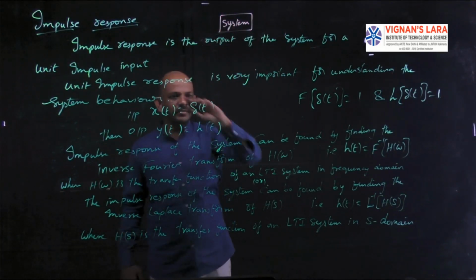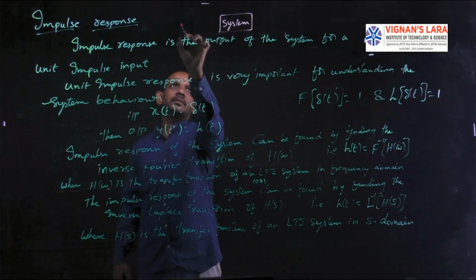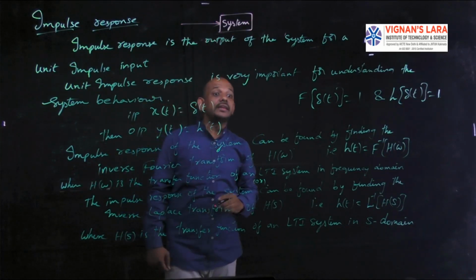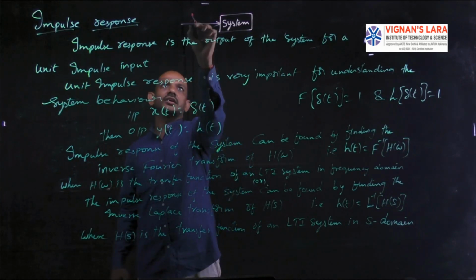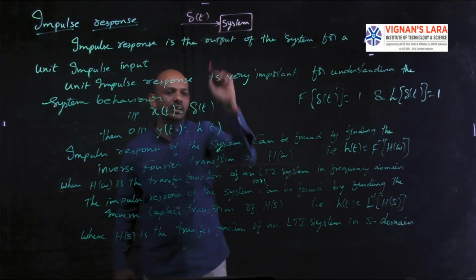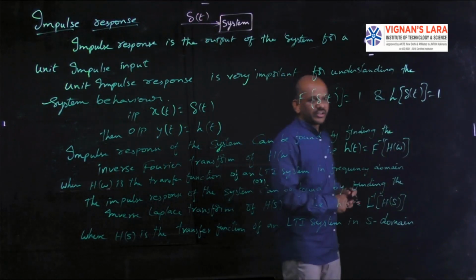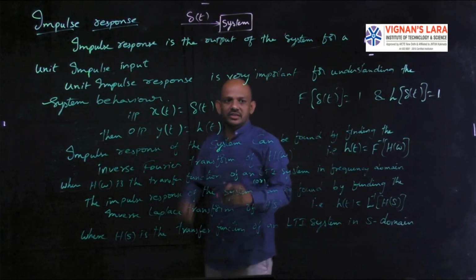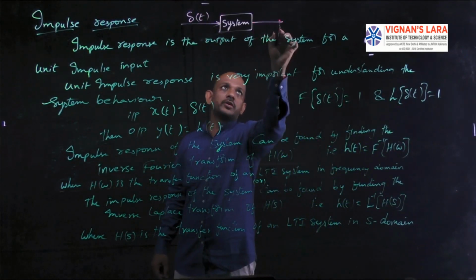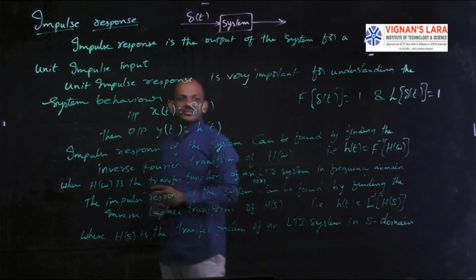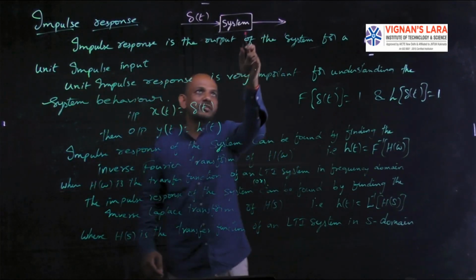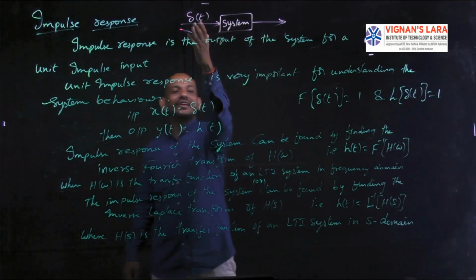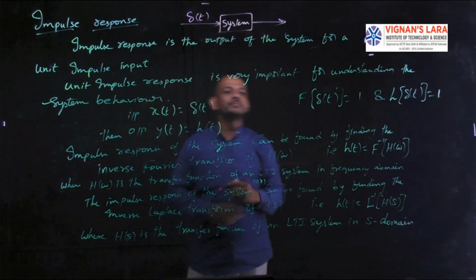For the system, if we give the input as a unit impulse, that unit impulse is represented with del of t. If I give the unit impulse, that is del of t, as input to the system, then the output produced by the system is nothing but the impulse response, because it is responding to the given impulse, hence it is called the impulse response.